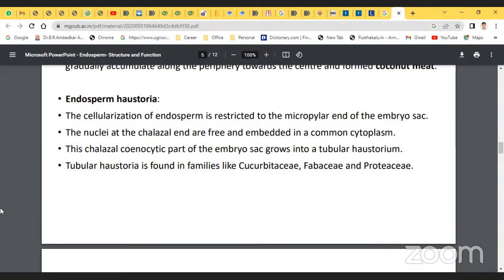You can just Google search the structure of the ovule. Otherwise, start with the flower: first the structure of the flower, next the structure of the anther, next the structure of the ovule, ovary, endosperm, embryo sac, and types of embryo sacs.